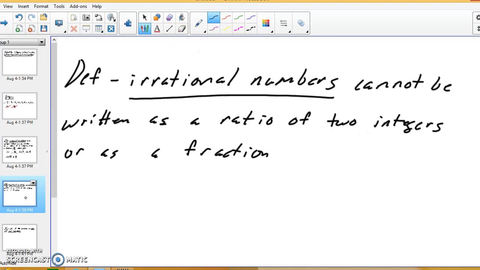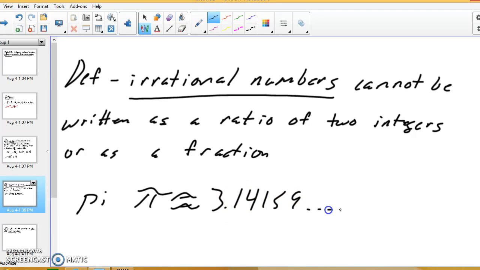Okay? So then, if the rational numbers are numbers that can be written as a fraction, then the irrational numbers are numbers that cannot be written as a fraction or a ratio of two other numbers. So this is reserved for certain types of numbers, like possibly the most famous example, the number pi, also denoted as π, because this number is roughly equal to 3.14159 and so on and so forth.